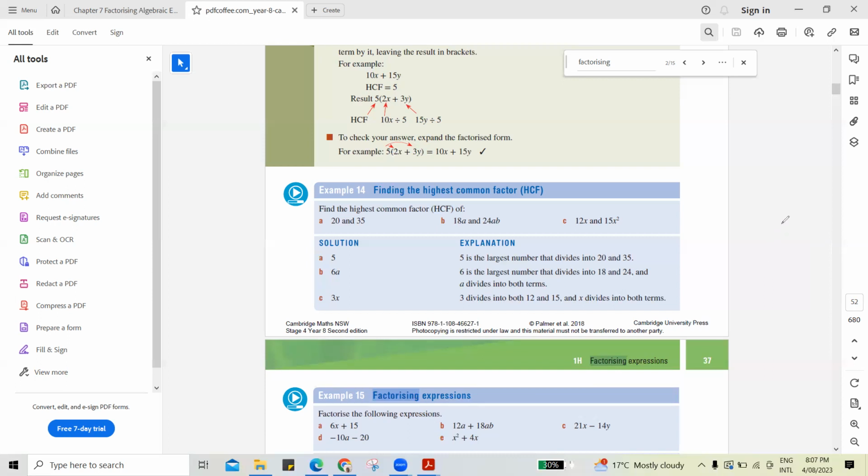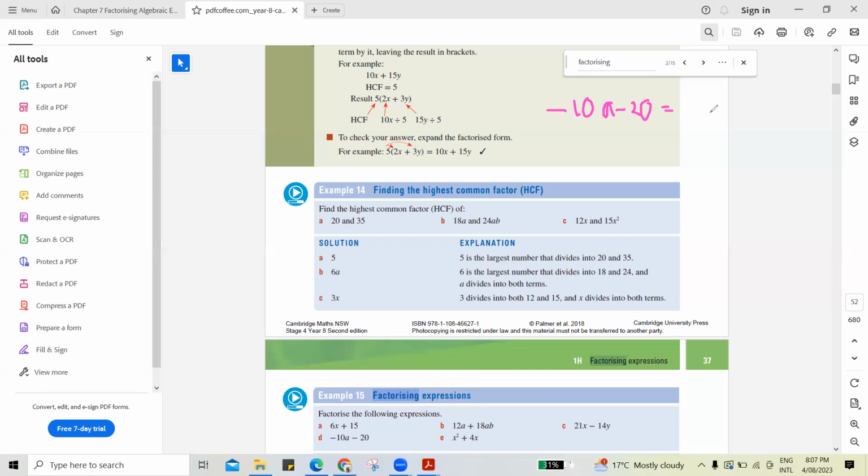10 minus 10a, 20. 10 and 20 can get divided by 10.